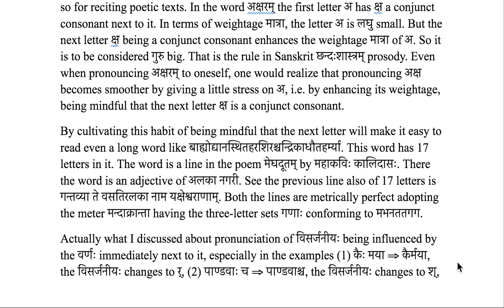There the word is an adjective of Alkanagri. See, the previous line, also of 17 letters, is Gantavyate Vasatiralaka Nama Yaksheshwaranam. Both the lines are metrically perfect, adopting the meter Mandakranta, having the 3-letter sets Ganaha conforming to Mabhana Tata Gaga.